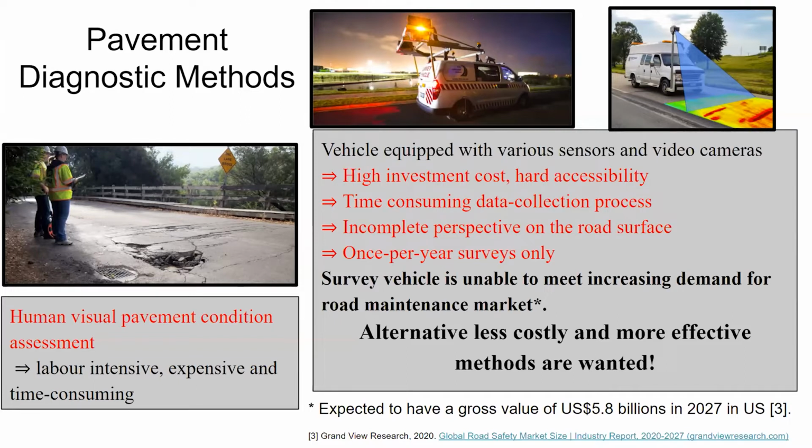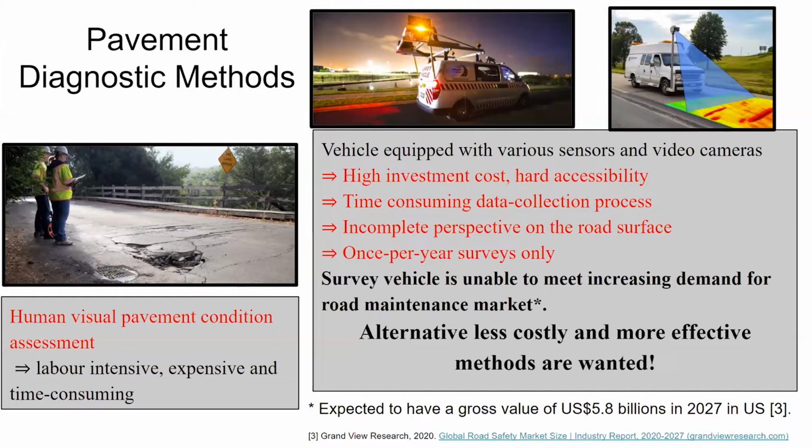Thank you. As I said before, human visual assessment is much more labor intensive and expensive. But when we have a vehicle, it has the perspective of creating big data in the future. This big data can be used in machine learning, and machine learning can help us make smart decisions. What do we mean by smarter decisions?